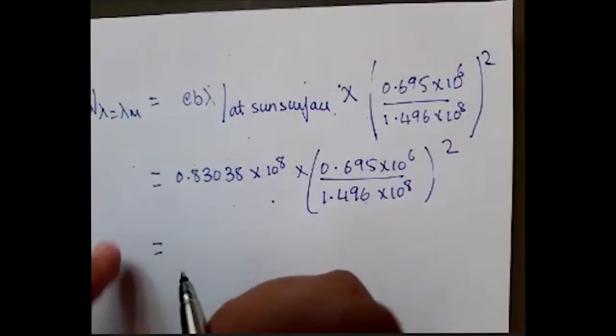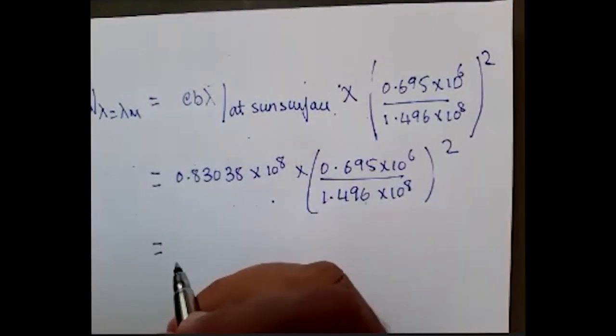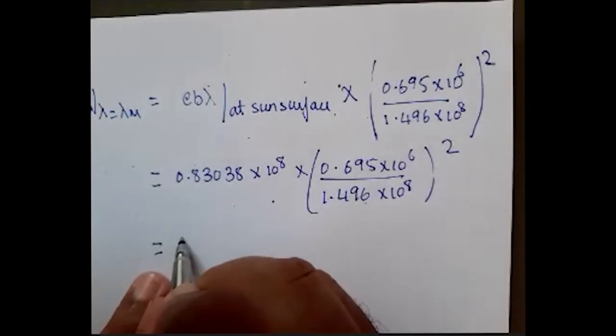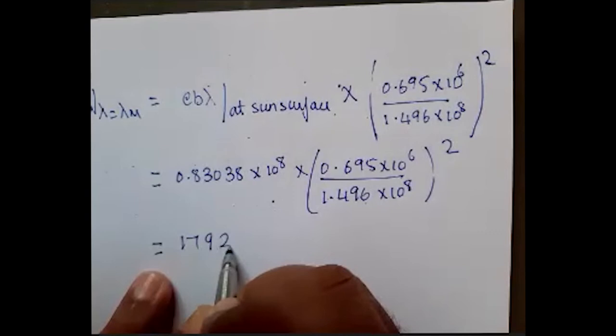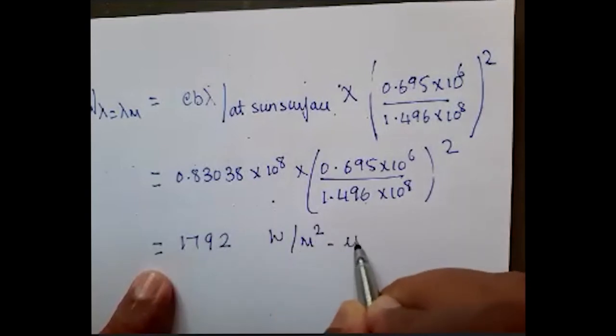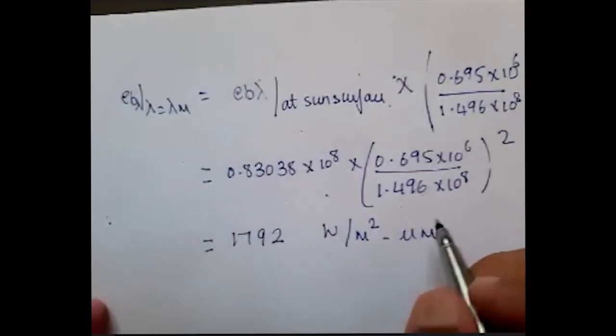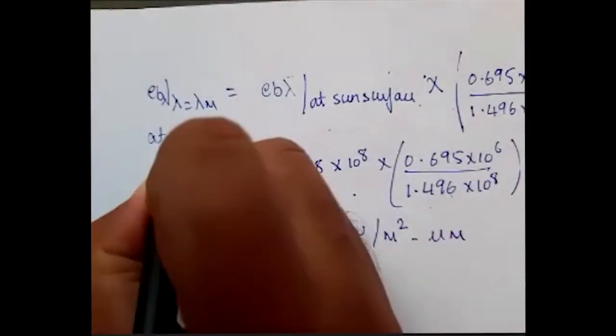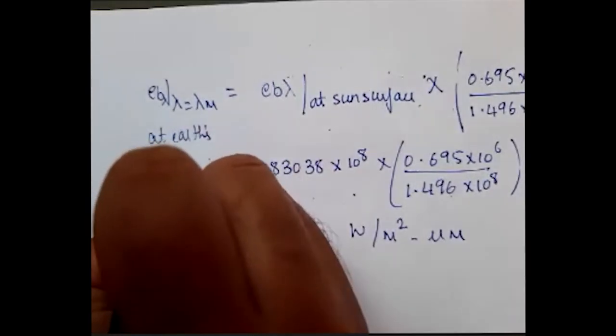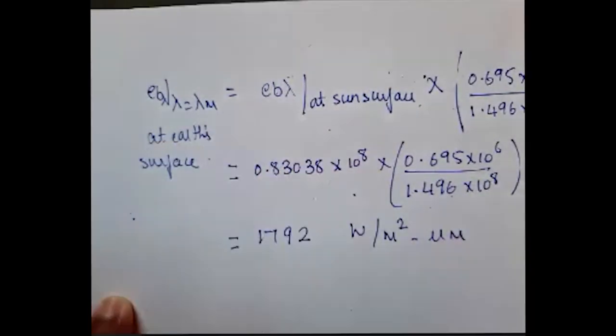So this comes around, at the Earth's surface, 1792 watt per meter square micrometer. So EB lambda at Earth's surface is 1792 watt per meter square micrometer.